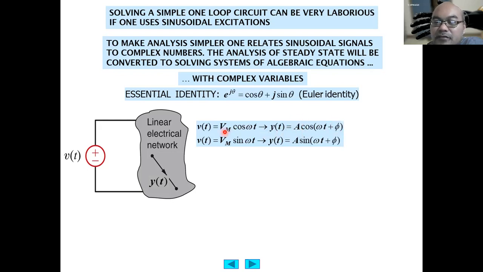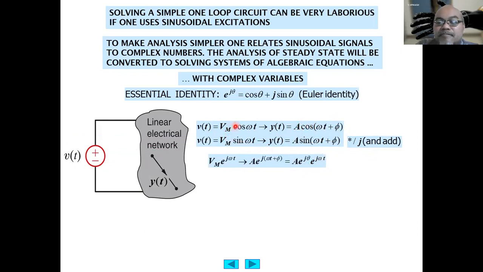The magnitude also changes from Vm into A. If V(t) is expressed as Vm sin omega t, Y(t) will be equal to A sine omega t plus phi. If we multiply it by j and add this and this, we get j A sine omega t plus phi. We add to get Y(t) equals A cosine omega t plus phi plus j A sin omega t.